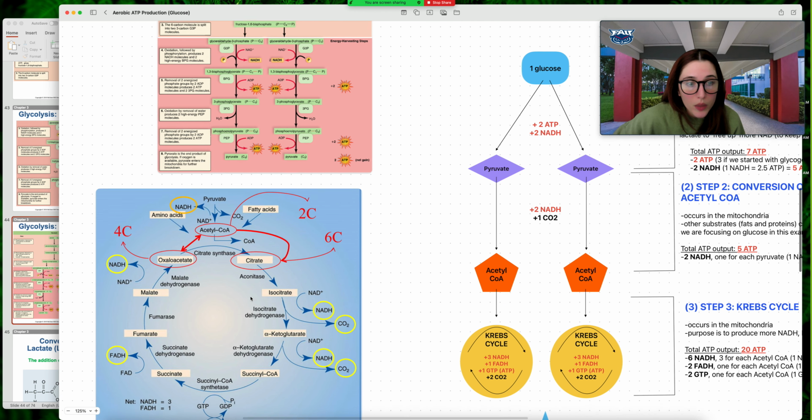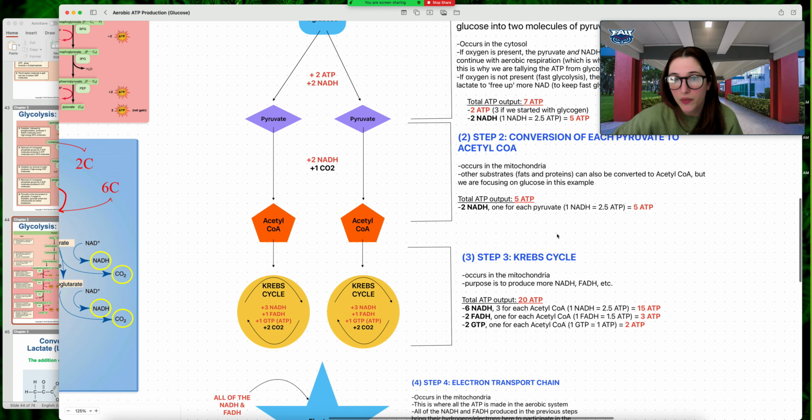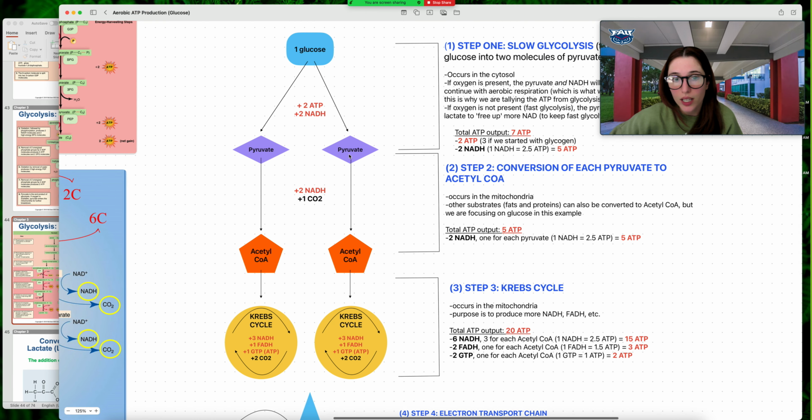So here's where we have the conversion of pyruvate to acetyl-CoA, right? This is what we see on the slides, and we produce 1 NADH along the way. So simplified, here's step 2. Each pyruvate is converted to acetyl-CoA, and we make 2 NADH along the way, 1 for each pyruvate.